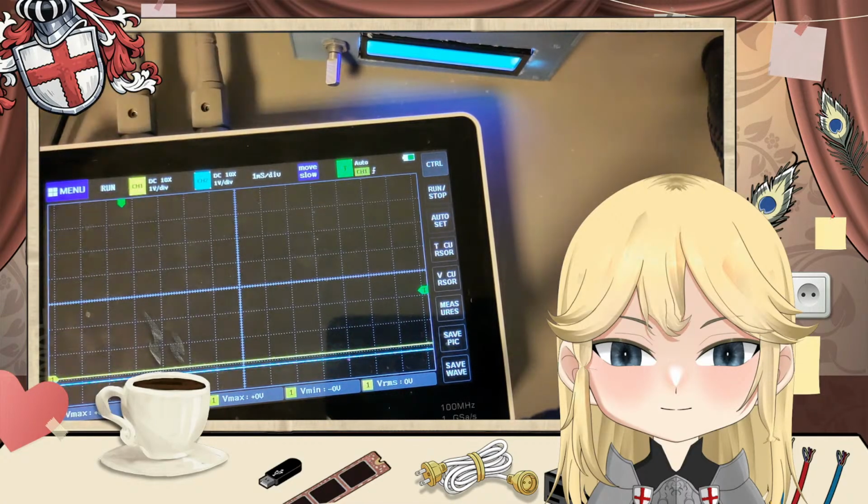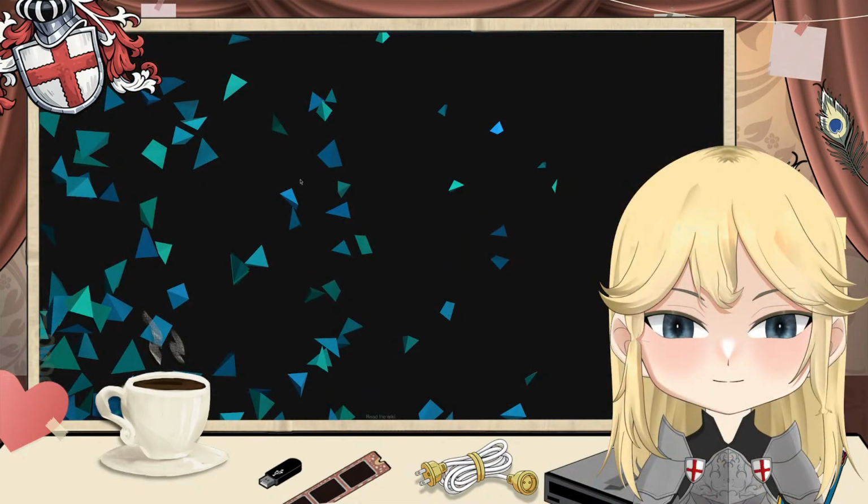Why not? Let's check our schematic. Switch to the desktop. Hold on, I need to read some messages.